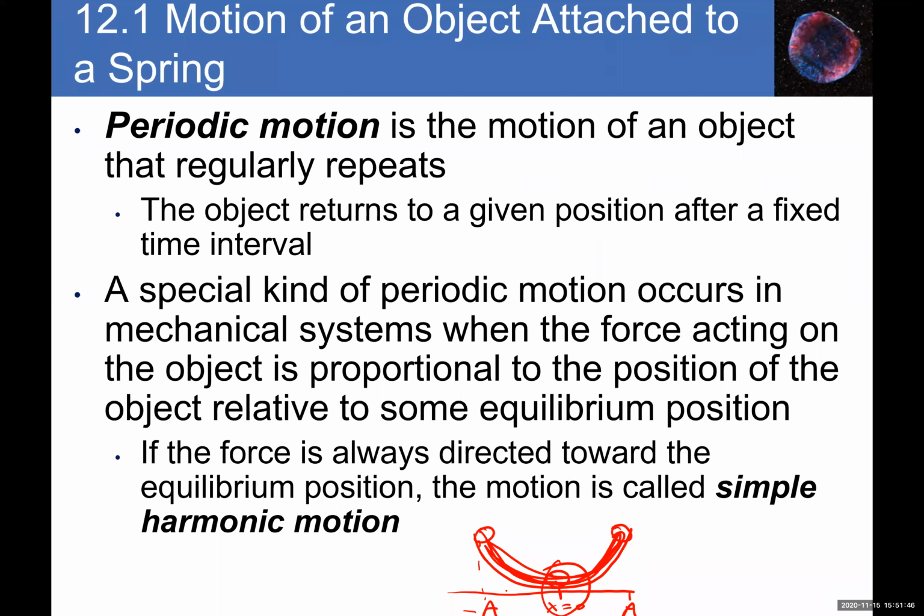The object returns to a given position after a fixed time interval. Eventually, we know that in real life, the marble or whatever object will slide down and slowly come back and stop in equilibrium. But we can simplify our calculations and our problems by assuming that there is no damping, which means there is no effect where it will eventually slow down and stop.